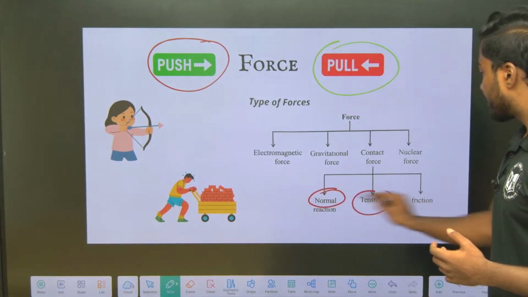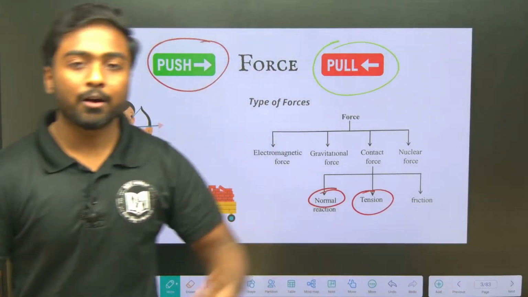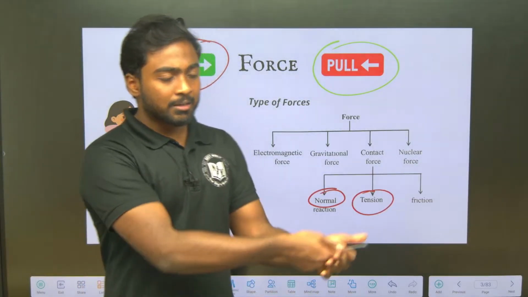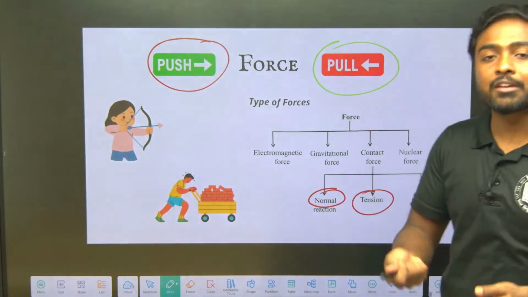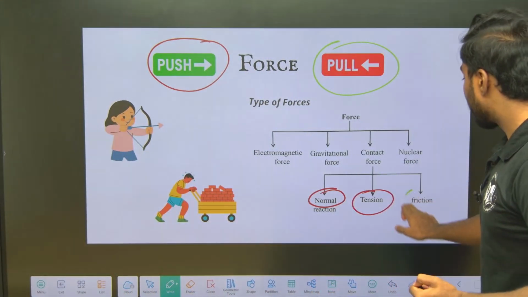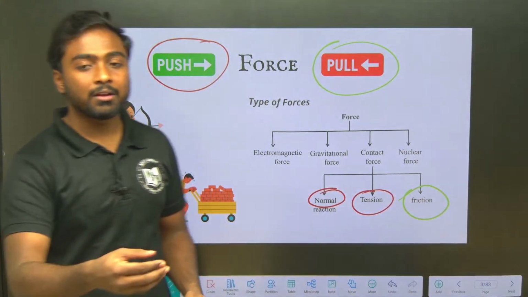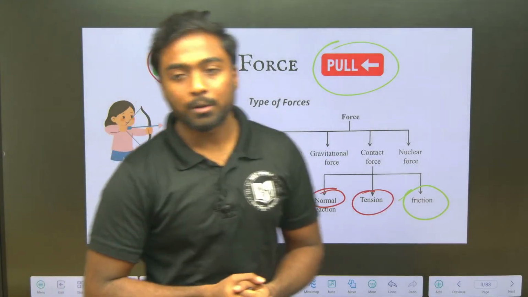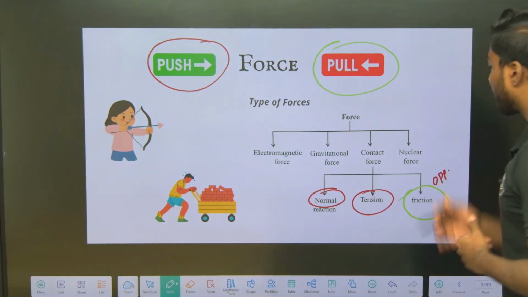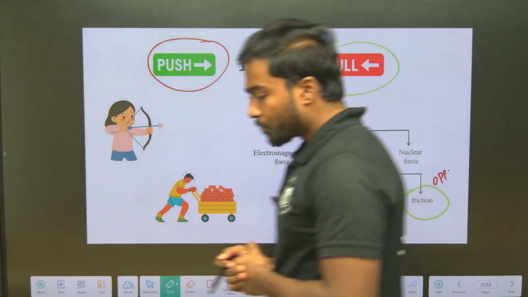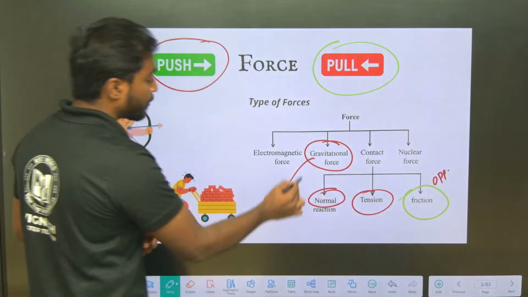And tension, like in tug of war, someone tries to pull and the other person also tries to pull, so tension is created. And friction, whenever we walk or drive a vehicle, friction will be there, which means an opposing force. Gravitational force is due to weight.